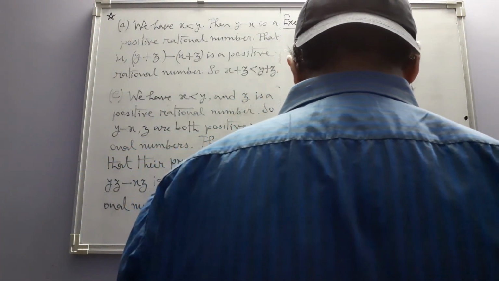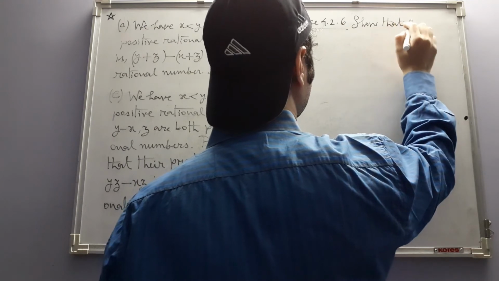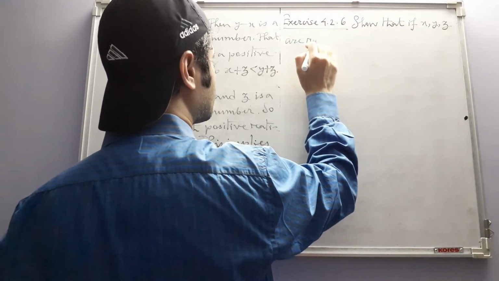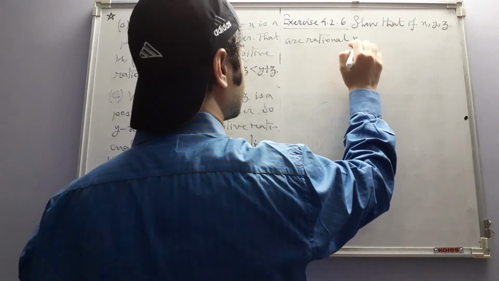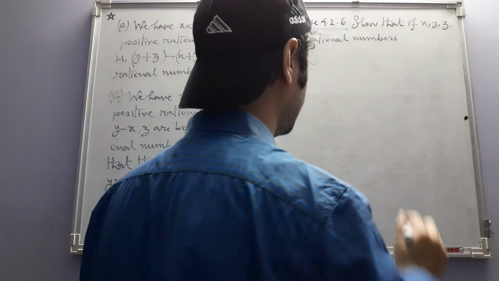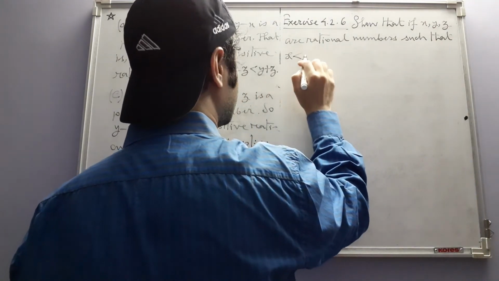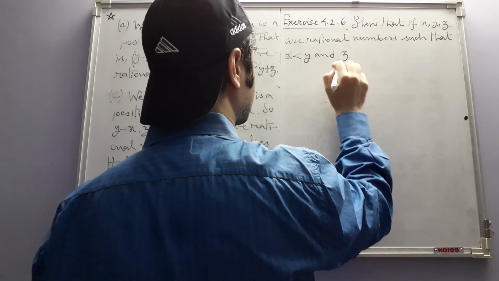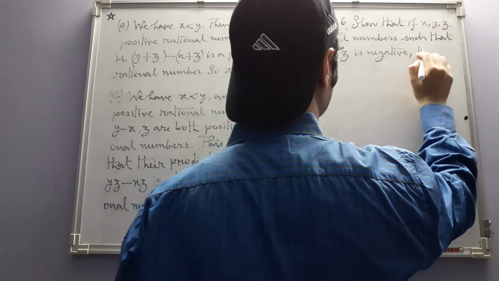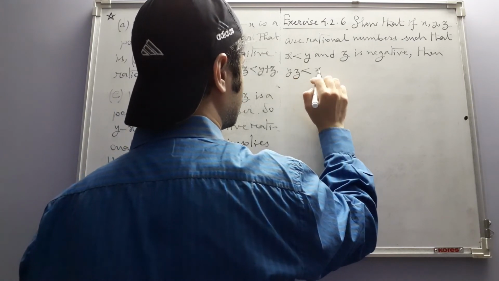Show that if x, y, z are rational numbers such that x is less than y and z is negative, then yz will be less than xz.